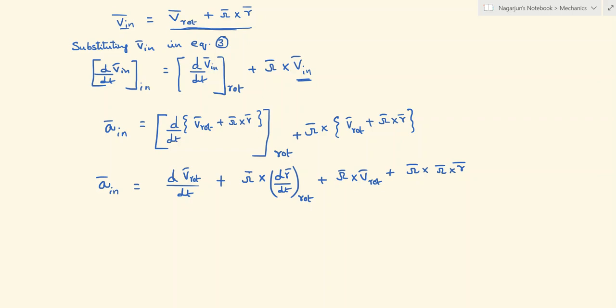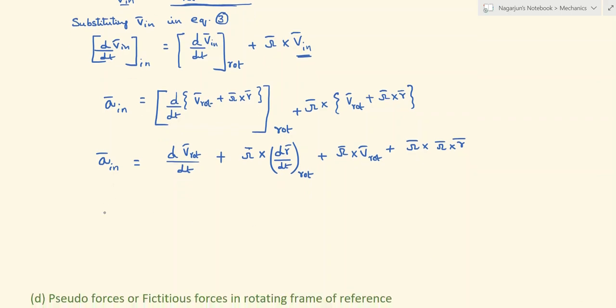So now this acceleration a bar in can again be expressed as the acceleration dv bar by dt with respect to rotating frame can now be expressed as a bar with respect to rotating frame of reference plus omega bar cross dr bar by dt with respect to rotating frame, which is nothing but again v bar rotation.